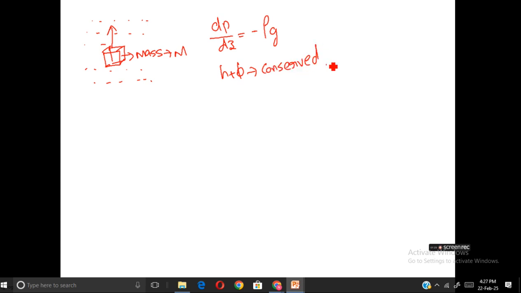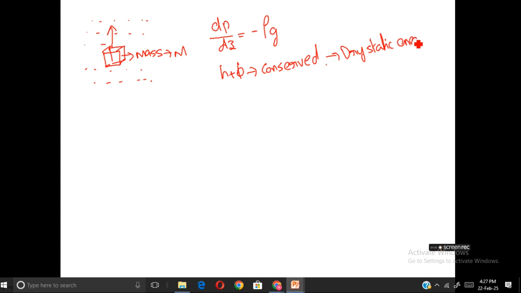The sum of the enthalpy and geopotential of the air parcel will be a constant, provided the parcel neither gains nor loses any heat from the surroundings. This is the dry static energy.